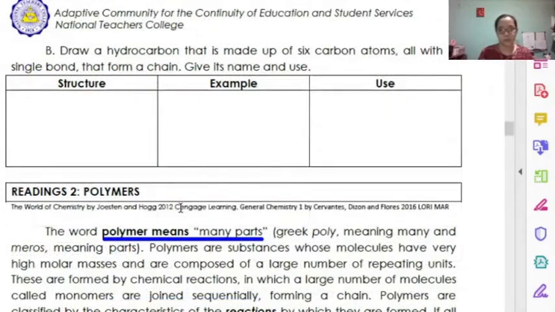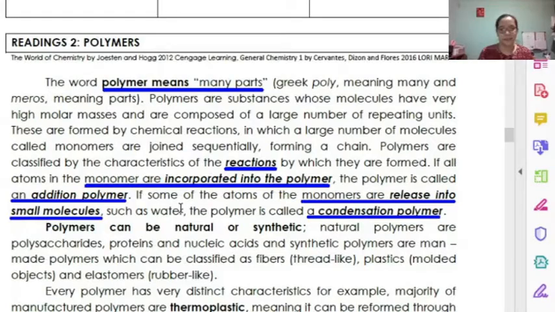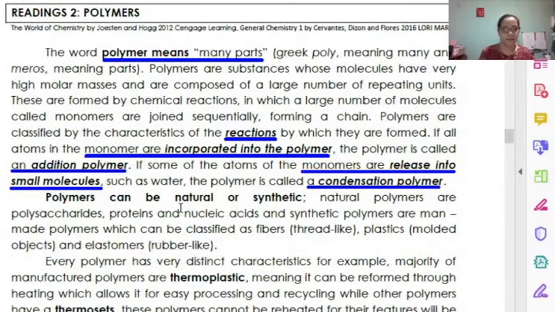For readings 2, this is polymers. So I've highlighted the important details in this reading. Polymer means many parts and it is classified by the characteristics of the reaction by which they are formed. You have two reactions for polymers.